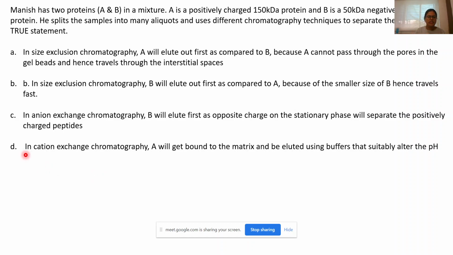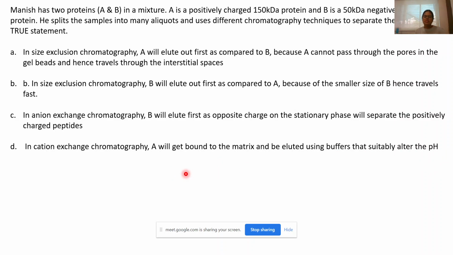What is written here is, in cation exchange chromatography, A will get bound to the matrix. Correct, because A is positively charged. So it will interact with the negatively charged matrix of the cation exchange chromatography and be eluted using buffers that suitably alter the pH.